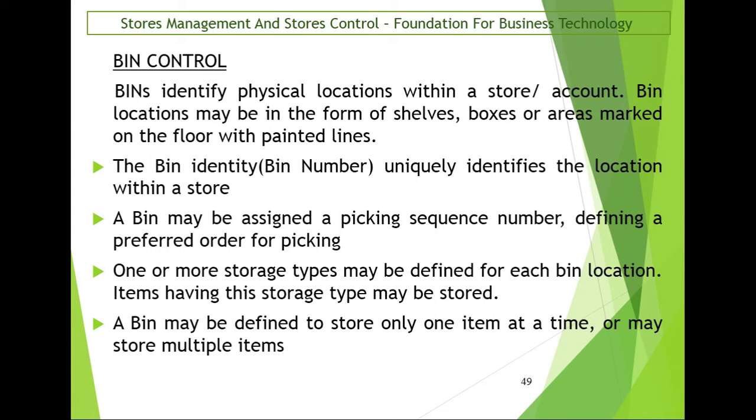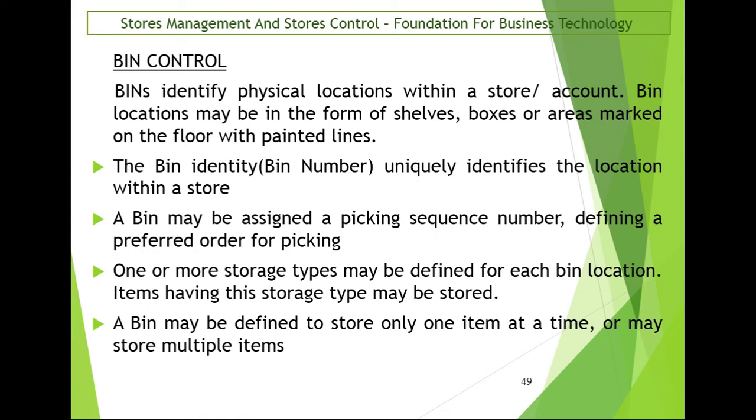A bin can also be defined as to whether it holds single items or multiple items at the same time. So there are certain items where you can only keep one in a location. Let's talk of the big items that we were referring to.